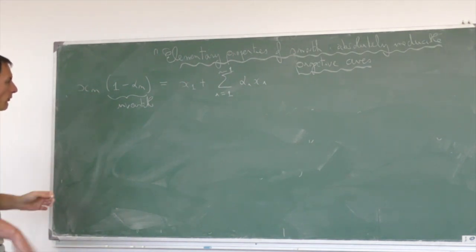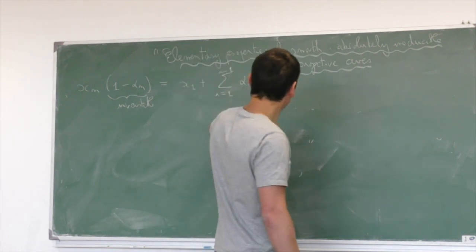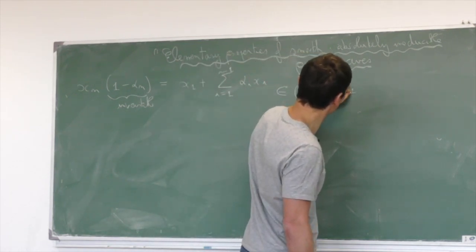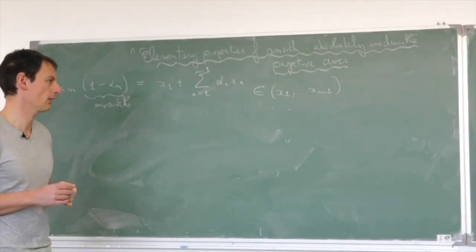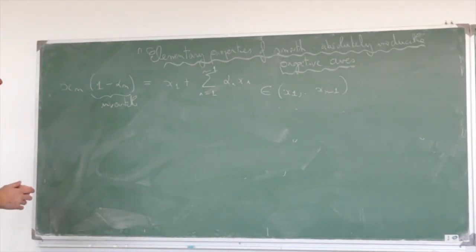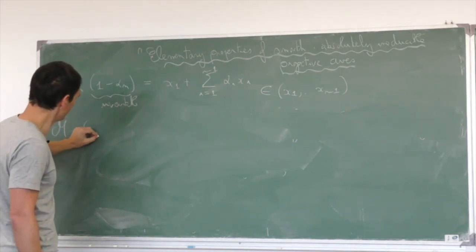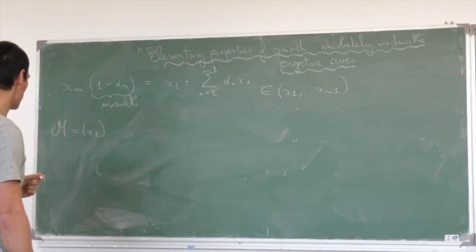But then, yeah, this is the conclusion. Actually, xn is already inside the ideal generated by x1 to xn minus 1. And then you're done, because you had assumed that n was minimal, so it should not be. So the conclusion is that M is generated by x1, so it is principal.